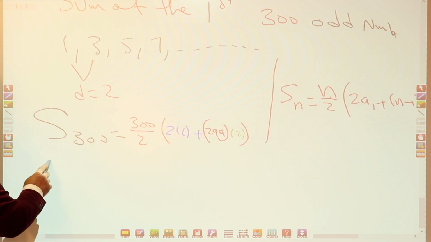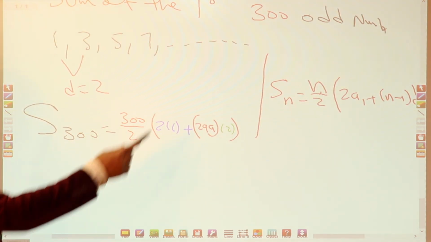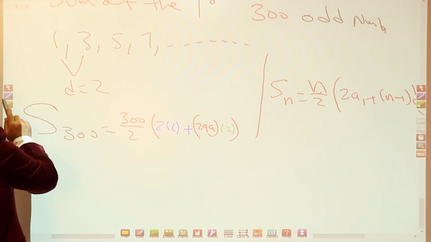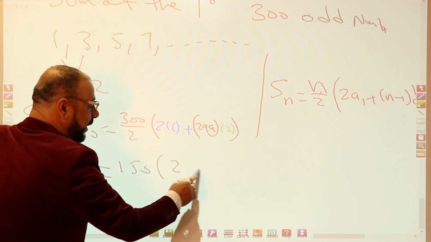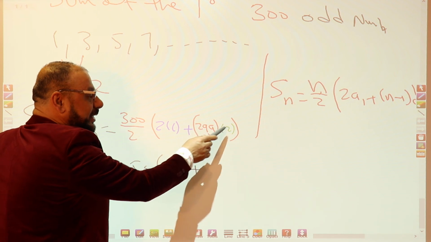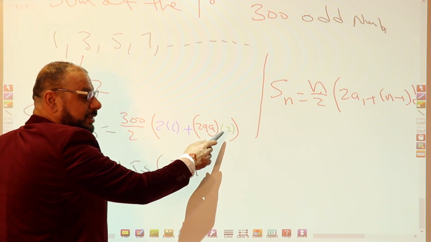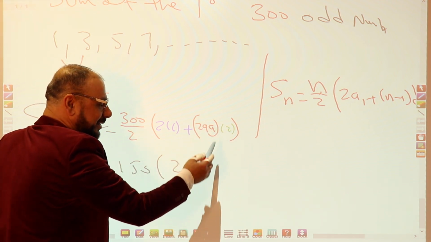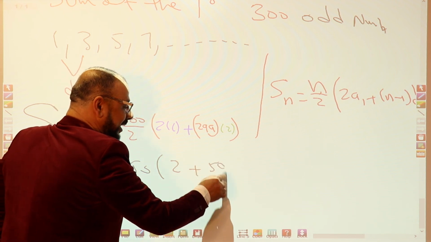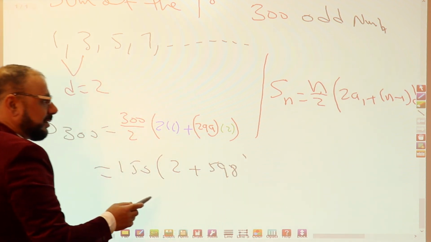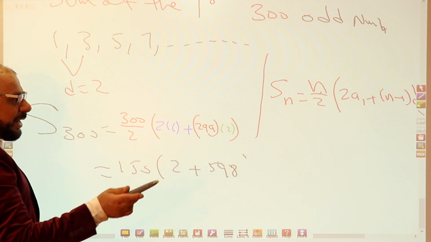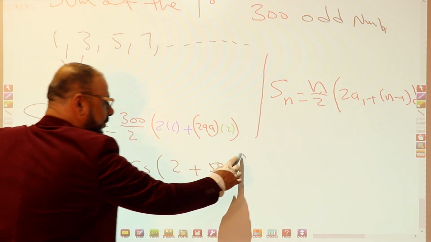It's a lot easier to deal with this problem. Equals 150 times 2 plus, look at what I'm going to do, 300 times 2 is 600, minus 2, which is 598. Yes, that's 2 now, minus 4.